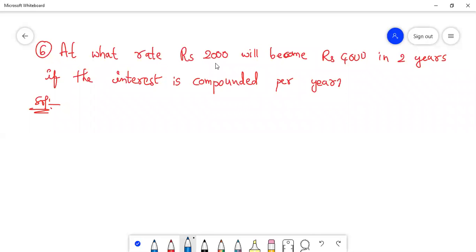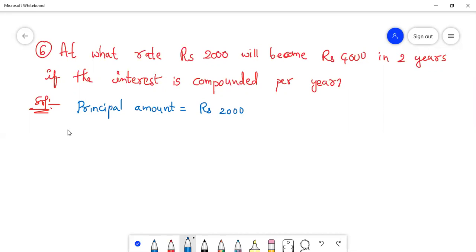At what rate will rupees 2000 become 4000 rupees in 2 years if the interest is compounded per year? Here we have the principal amount: the principal amount is equal to 2000 rupees.